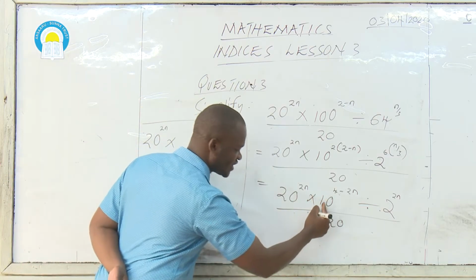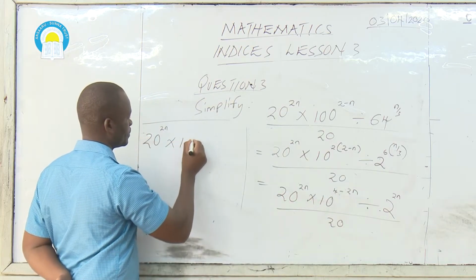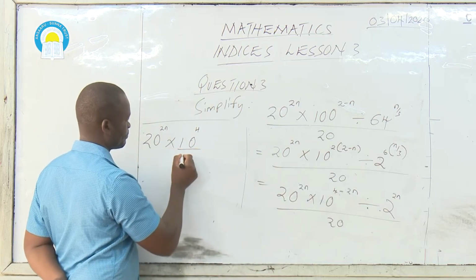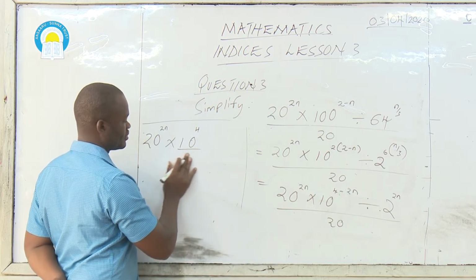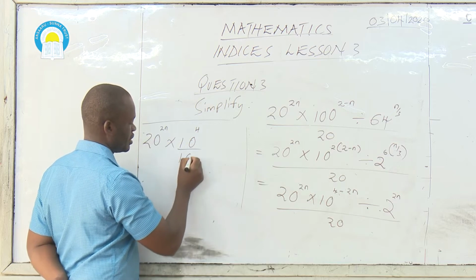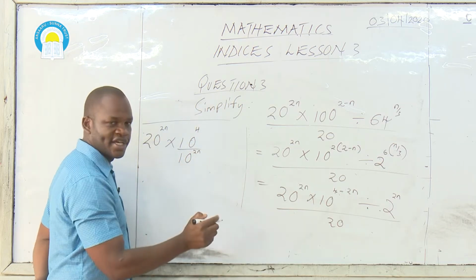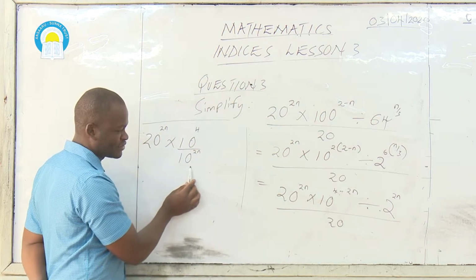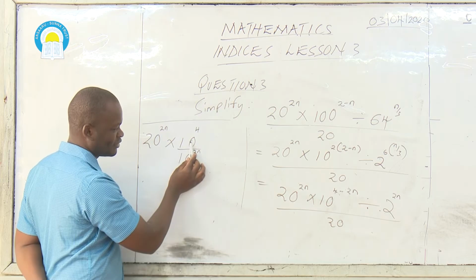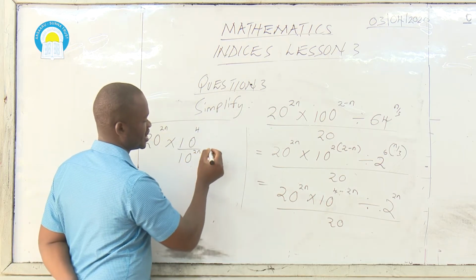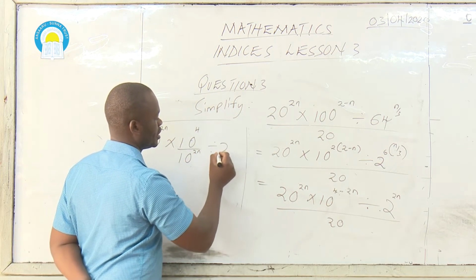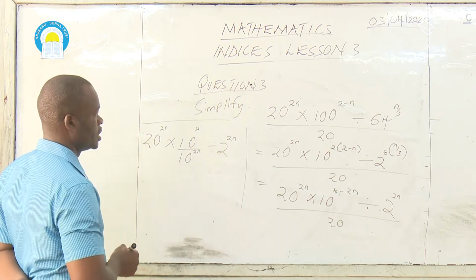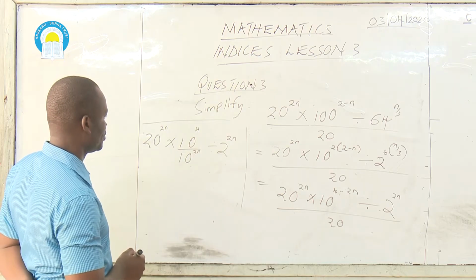So I'll have 10 power 4 divided by 10 power 2n. Because of minus, we are dividing numbers to the same base, and the base involved is 10. Then divide by 2 power 2n.